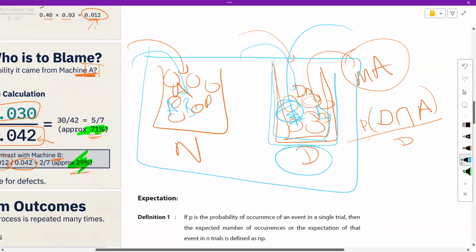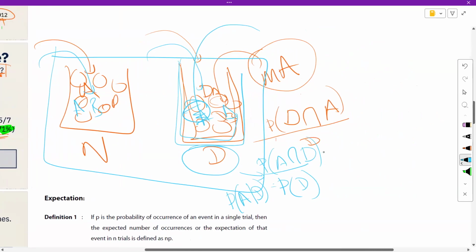For that, according to the formula, first we have to find the probability of D, the probability of a defective item. And now we have to find the probability of A given D, which is probability of A intersection D divided by probability of D. So how to calculate A intersection D and how to calculate probability of D?